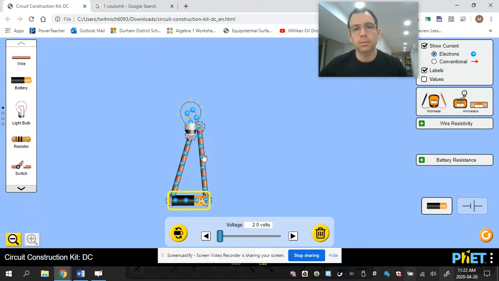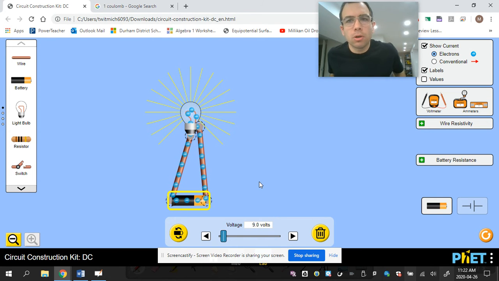There are fewer electrons moving through there each second. As we put the voltage up, you will notice more electrons flowing through each time interval. So as voltage goes up, more electrons are going to flow.